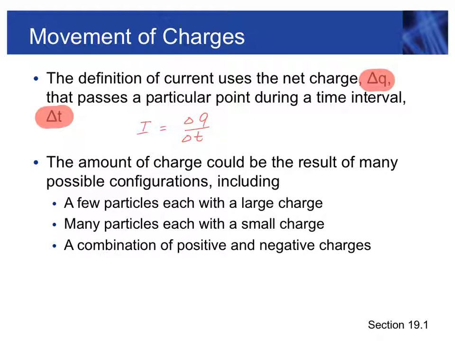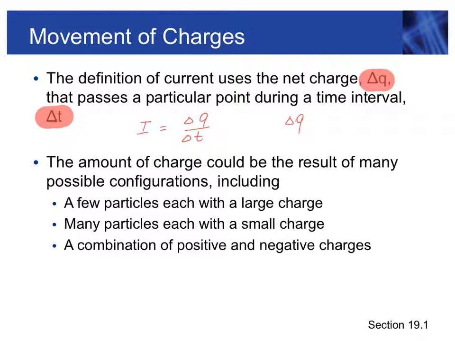Current can go through air, through water, through the human body, and through pretty much any conducting material. The amount of charge, delta Q, can be a result of many possible configurations.